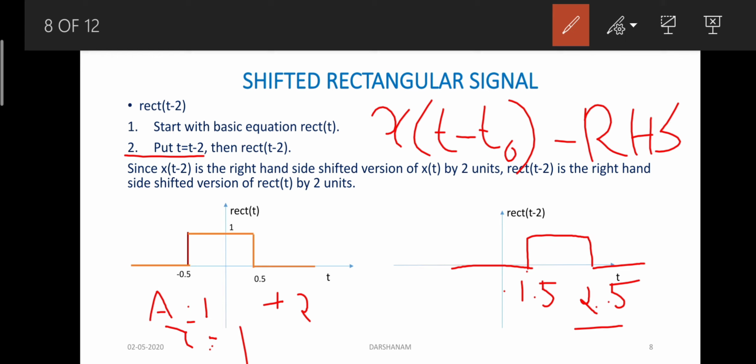So the function will look like this. Here the magnitude is equal to 1. As x of t minus t0 is the right hand side shifted version of x of t by t0 units, here in the rectangular function rect of t minus 2 is the right hand side shifted version of rect of t by 2 units.